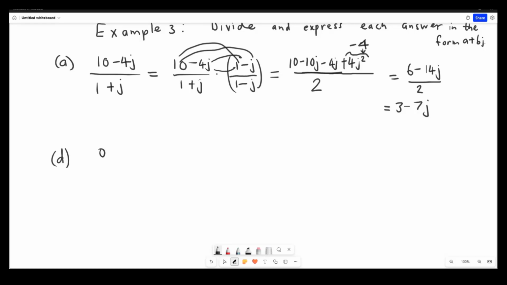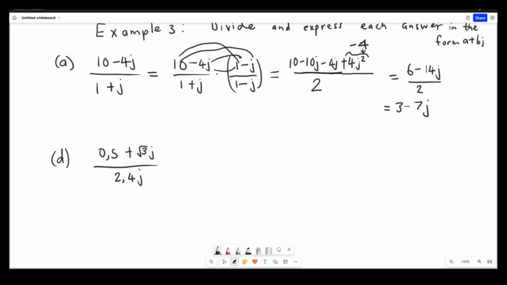That one says 0.5 plus square root of 3 j, all divided by 2.4j. Of course, B and C look exactly like A. D looks a bit different, but ultimately it's the same principle.